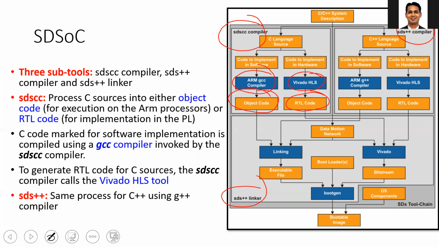The same is true for the C++ code, where we use the ARM G++ compiler for converting the C++ code into object code for implementation on the ARM processor of the SoC, and HLS is used for converting the C code to Verilog or VHDL code, or RTL code, for implementation on the FPGA.